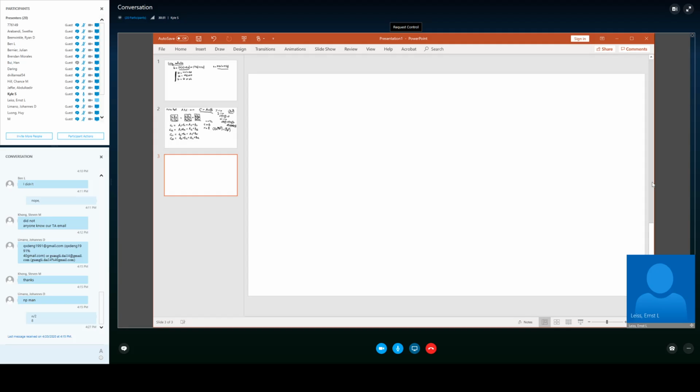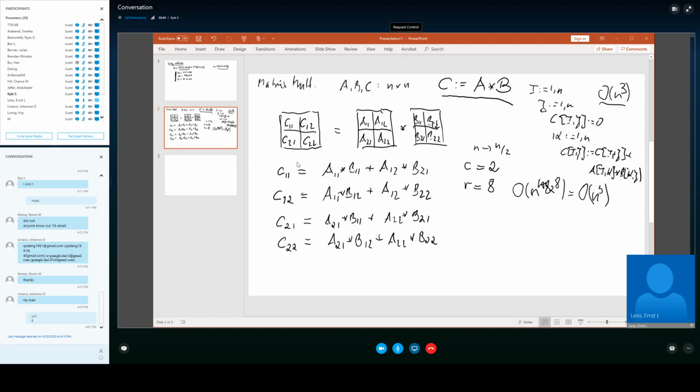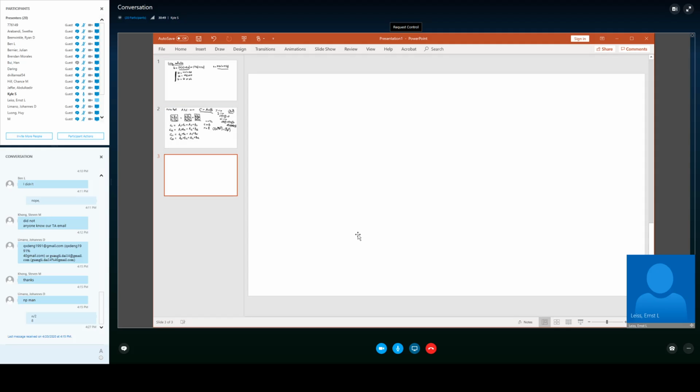We are still assuming we have these quarter matrices, and now instead of doing this with C11, C12, C21, C22 given that way, we're going to do the following. And now you have to bear with me. This is another one of those Rube Goldberg constructions.